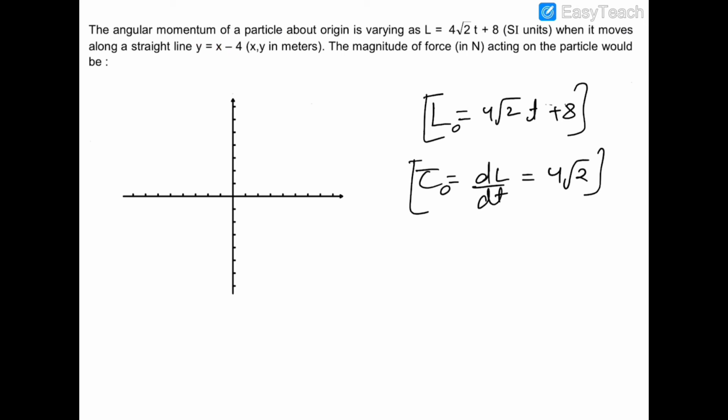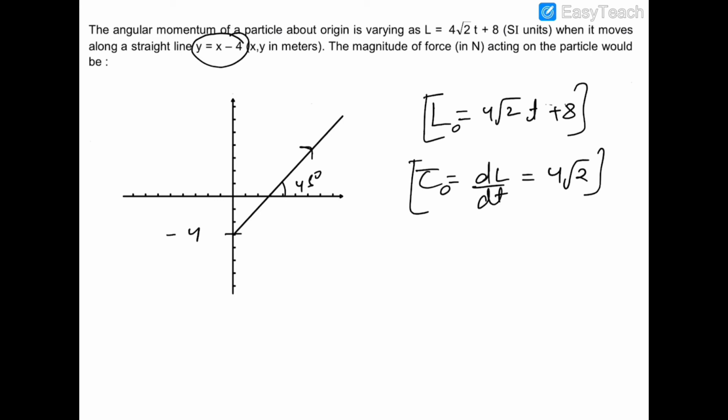So this is a line which starts from the negative y-axis and moves in the upward direction. This is minus 4 and this angle is 45 degrees, you can see by that line. So this particle is moving on this line.